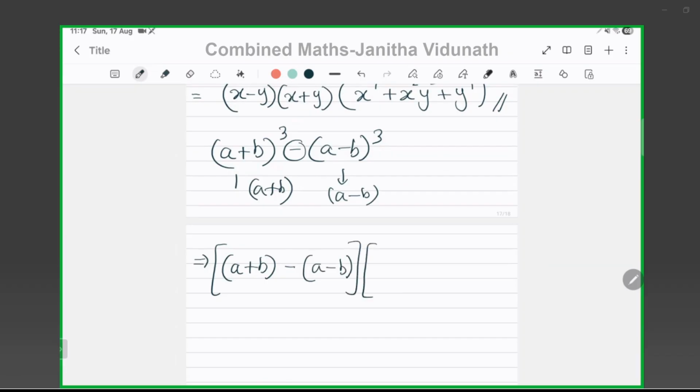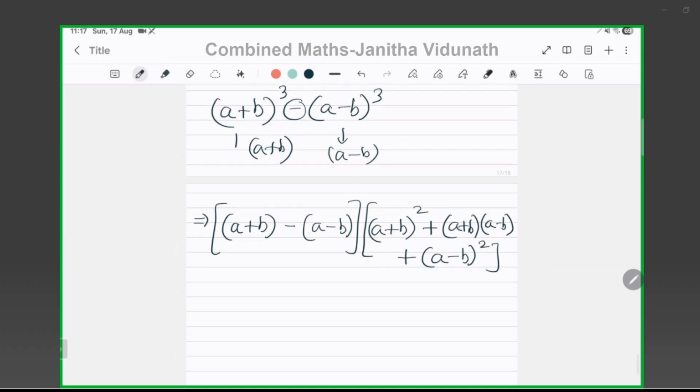Then we get the square of the first term and the opposite sign times first term times second term. Then we get always positive sign and the square of the second term. Then we get a plus b minus a plus b. Here we simplify this by removing the brackets.